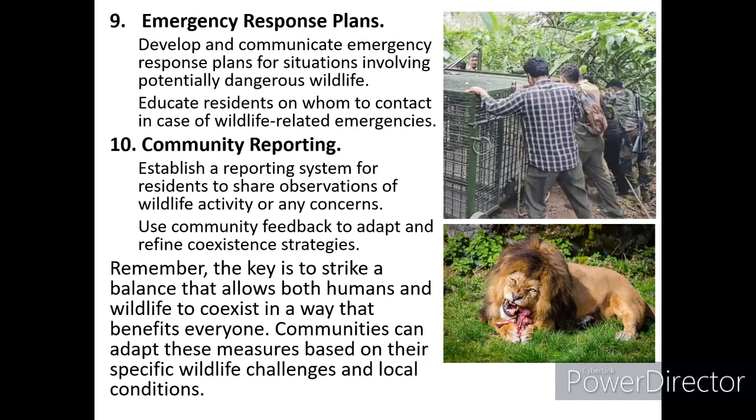Use community feedback to adapt and refine coexistence strategies. Remember, the key is to strike a balance that allows both humans and wildlife to coexist in a way that benefits everyone. Communities can adapt these measures based on their specific wildlife challenges and local conditions.